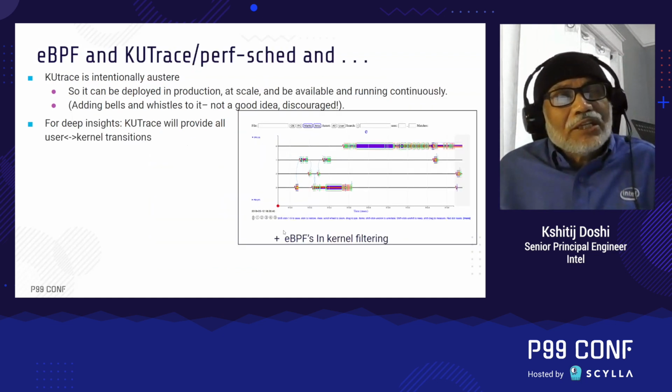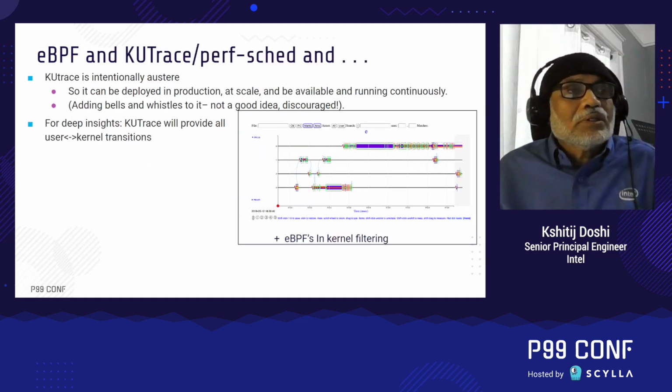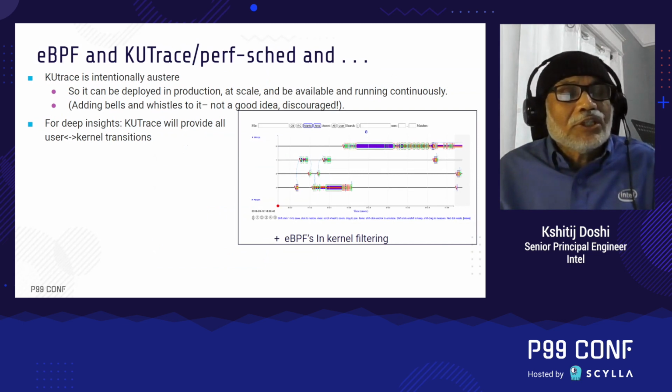This can then be extended to integration with other software-based tracing tools, so that one can leave KUtrace or perf-sched to do what they are very good at doing. They're intentionally austere tools, designed to do one thing and do it very well, so that they can be deployed in production and collect the kinds of flight recorder data that are important to identify when things of interest should be looked at.